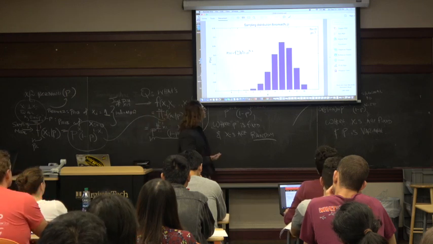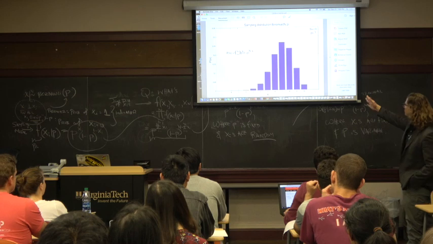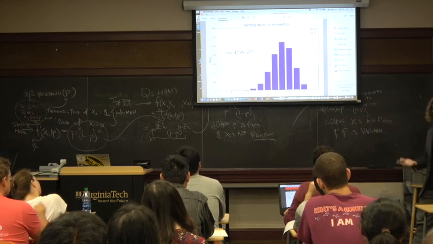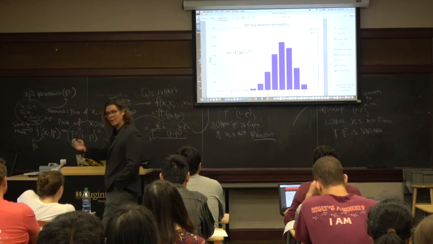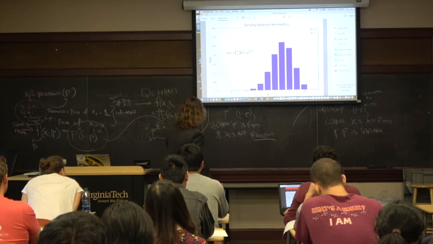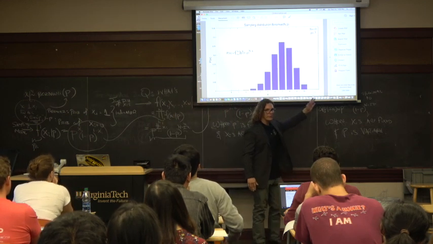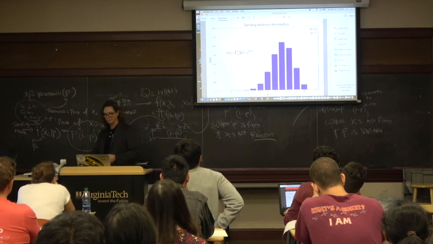If I plugged in P to be 0.7, and n was equal to 10, this would be the distribution. So binomial is measuring the number of successes we expect to see when I flip the coin 10 times. It can't be greater than 10. I can't have any more than 10 successes in 10 flips.